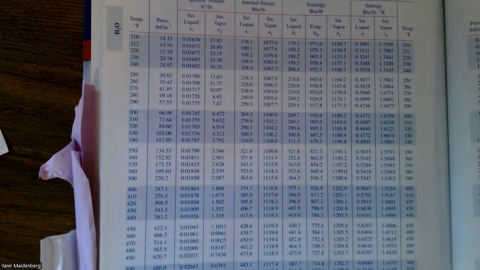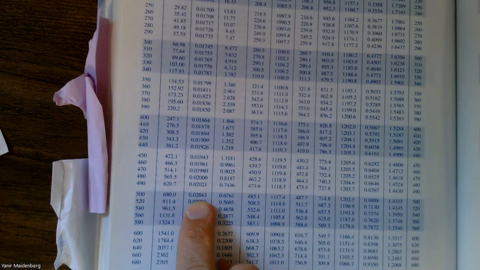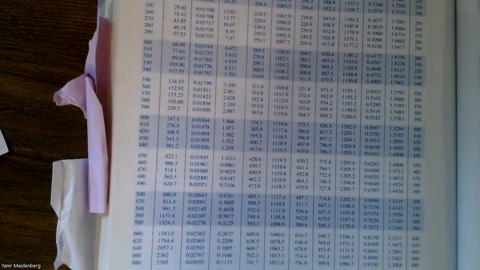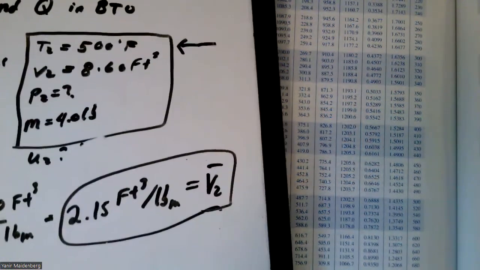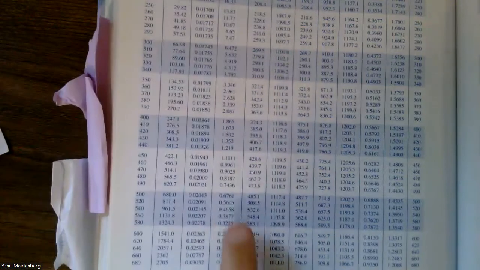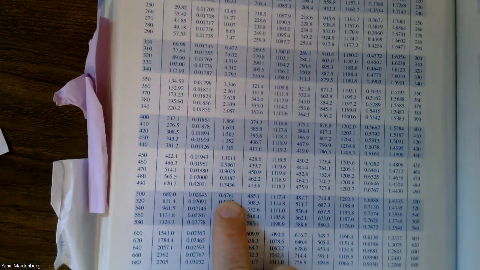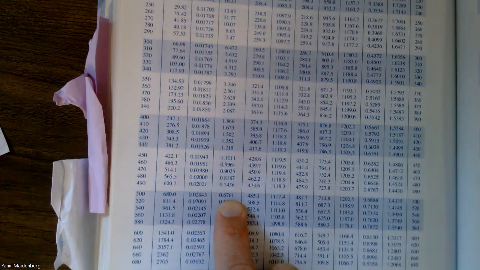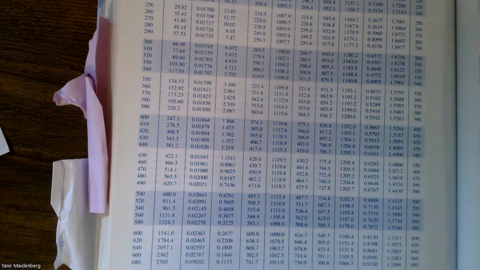I'm over the gas. The saturated liquid is 0.02043 and the saturated vapor is 0.6761, and we just calculated this thing is at 2.15, which is much higher than 0.6761. It is not saturated. If it's lower than this, it's a liquid. If it's higher than this, it's a gas. So it's superheated, so I'm going to go to the superheated steam table.